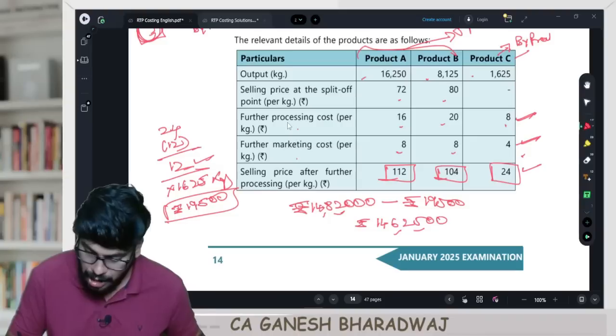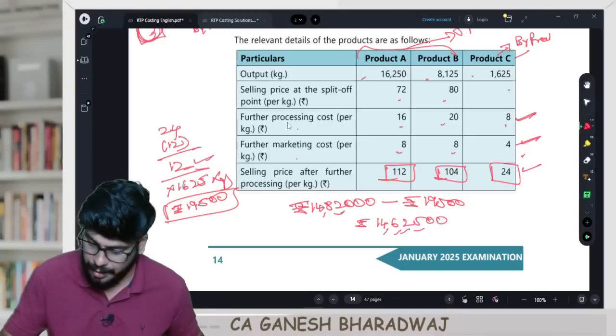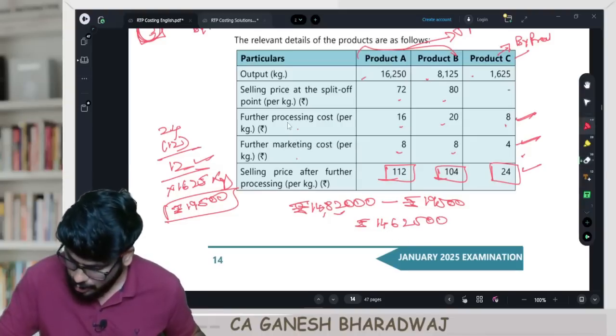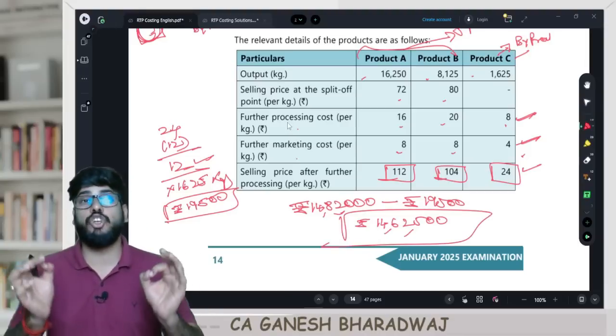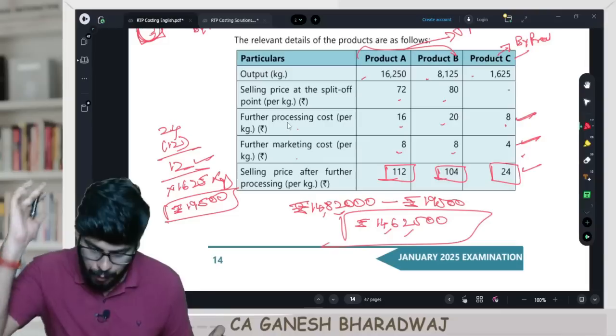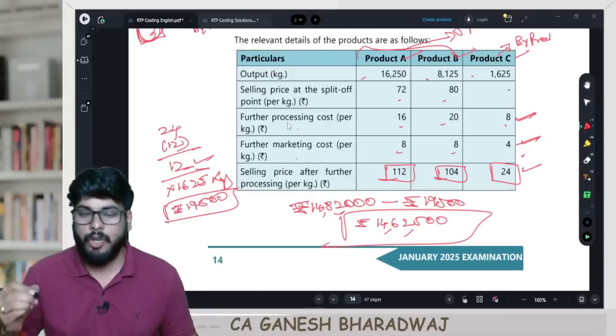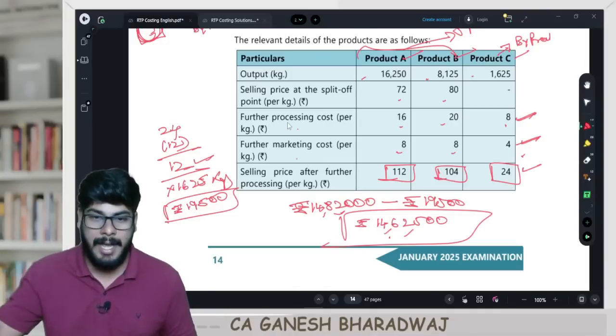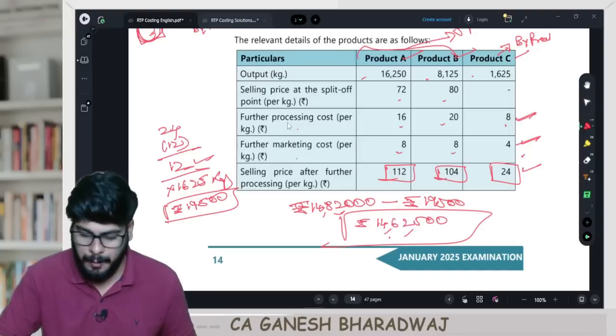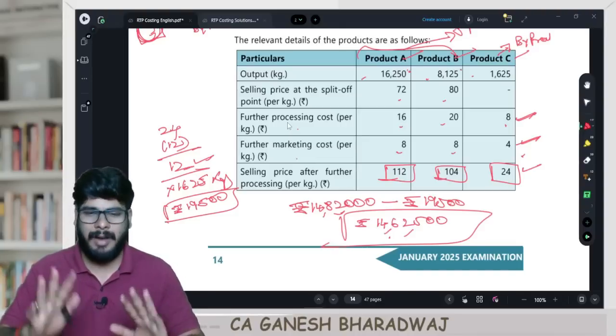Are you clear with this? 14,62,500 rupees. This is the joint cost apportionable between the two products A and B. So I will apportion this 14,62,500 rupees between A and B using the physical units method, or in the proportion of 16,250 is to 8,125. Are you clear with this?